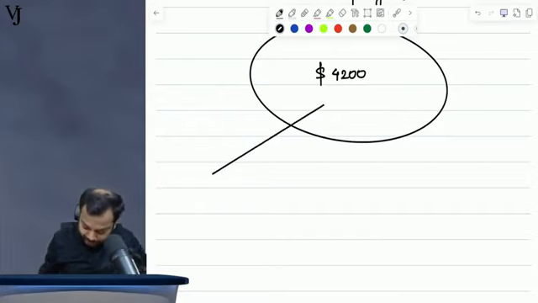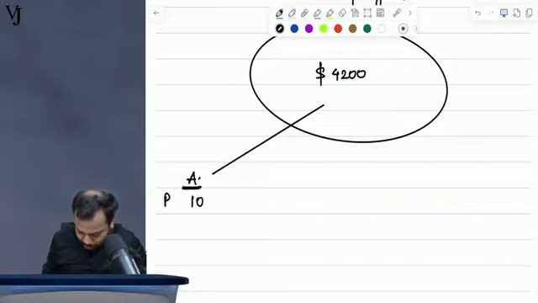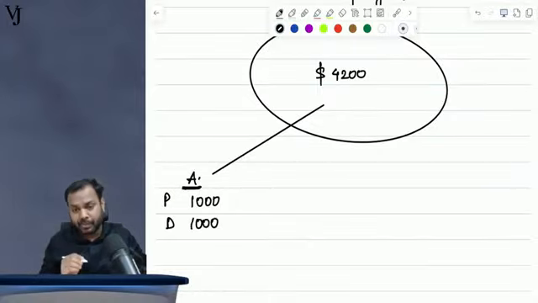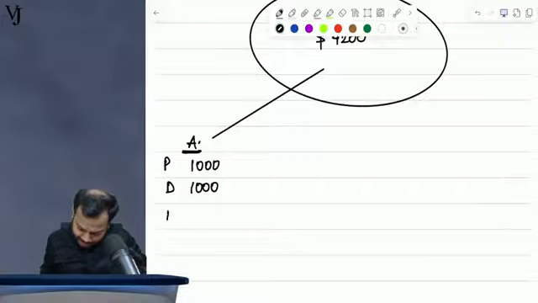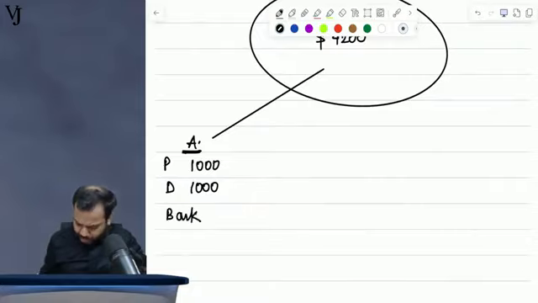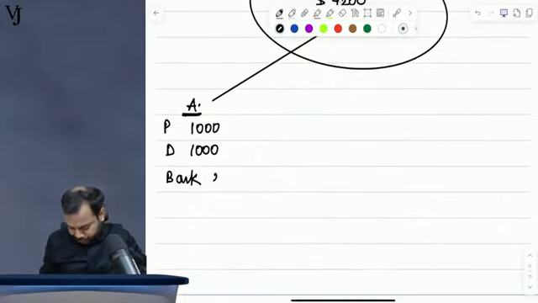Option number A: first of all, Pramod will take 1,000, Devendra will take 1,000, priority number 1, and the rest the bank will take up, how much? 2,200.